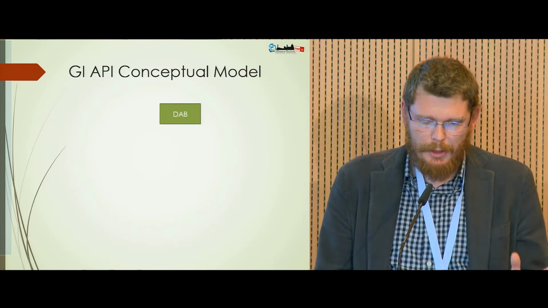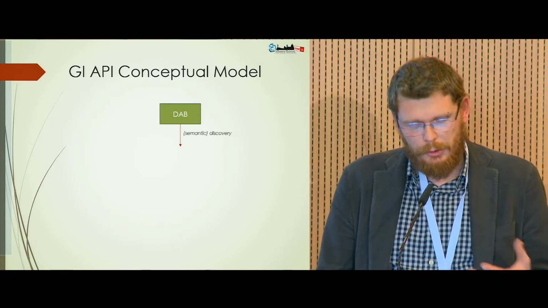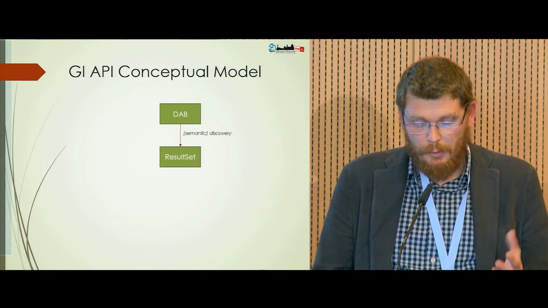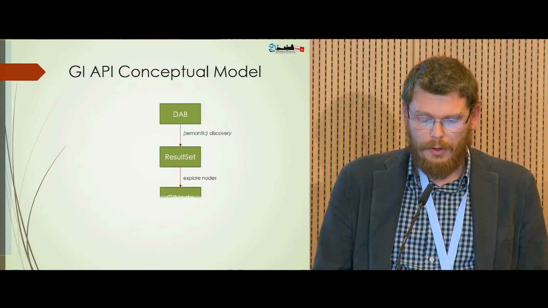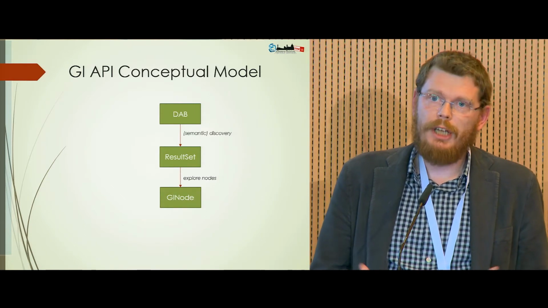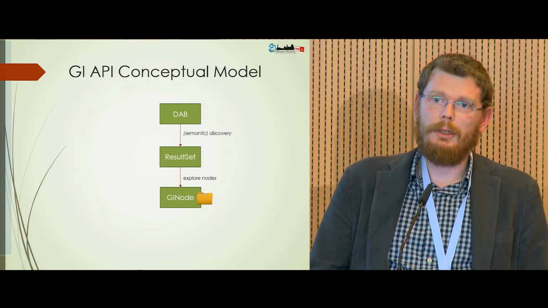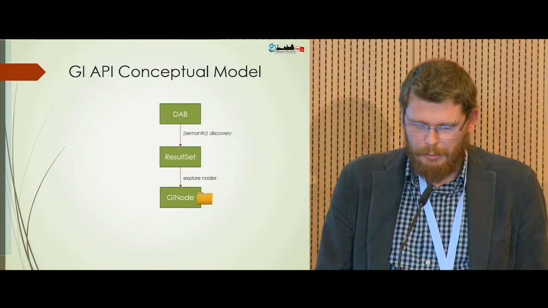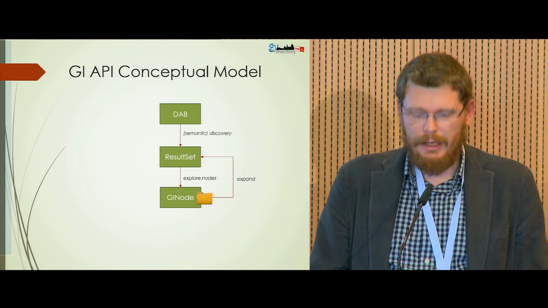So the conceptual model is simple. We have a DAB object which is able to discover, also with some semantic enrichment, and we receive a result set. This result set is composed of nodes, what we call GI nodes. These can also be complex, so they can be collections, as we saw in the last example by Guido, and can be further explored and expanded.